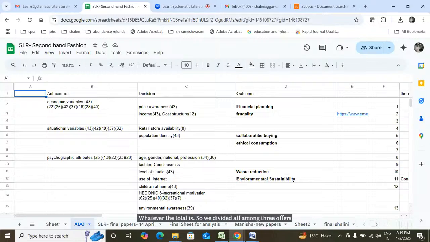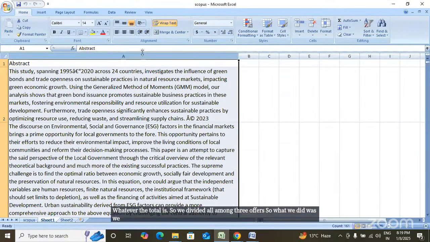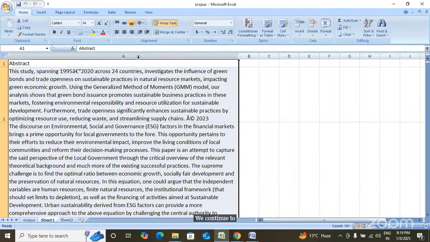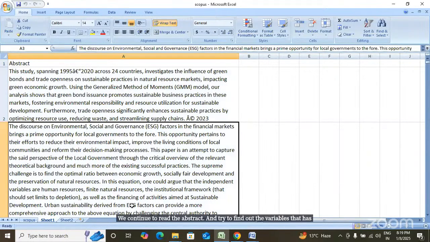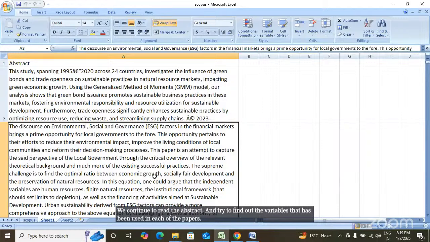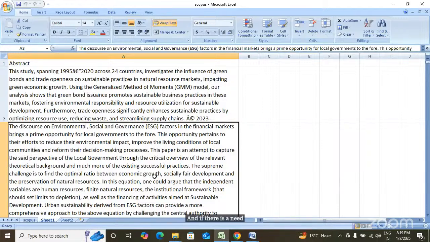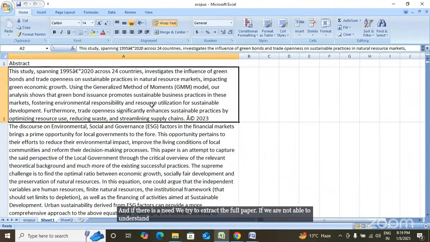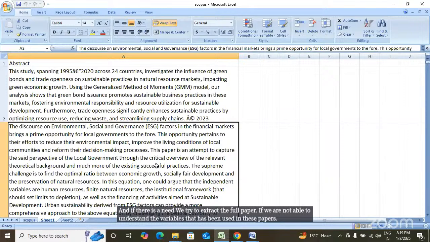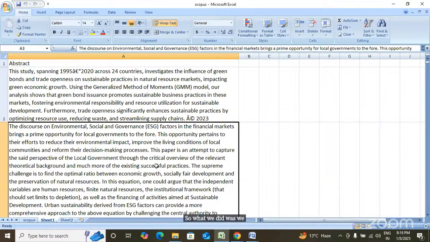We continued to read the abstracts and try to find out the variables that had been used in each of the papers. If there was a need, we tried to extract the full paper, if we were not able to understand the variables used.